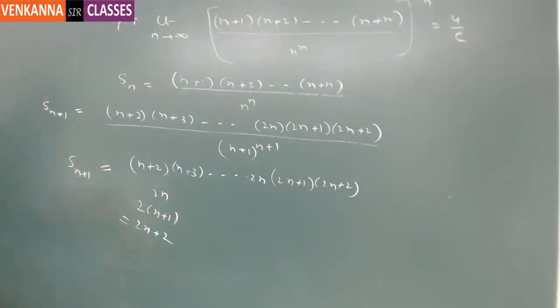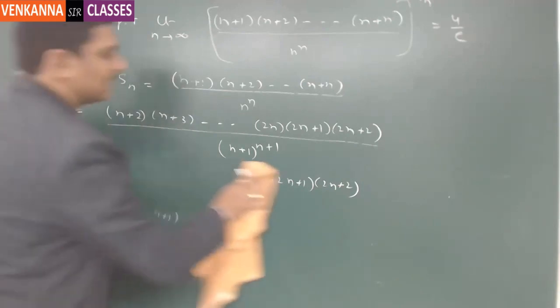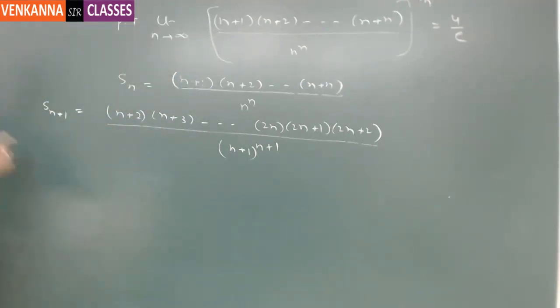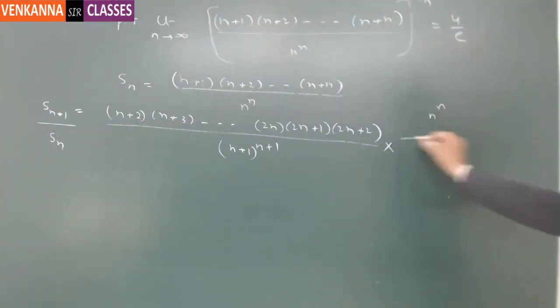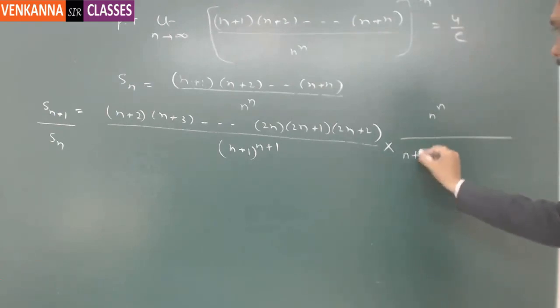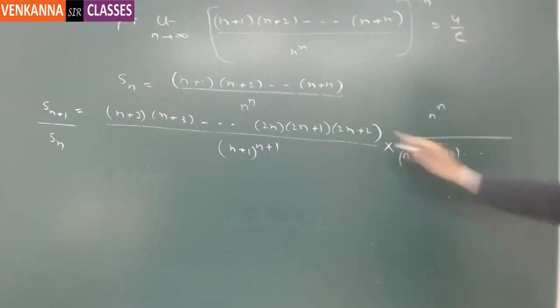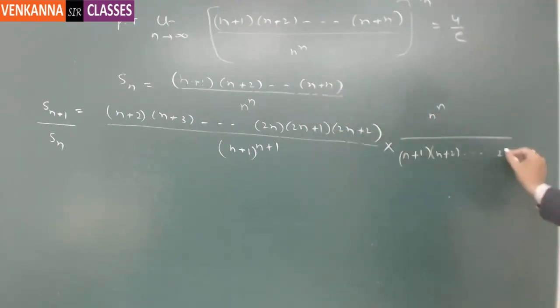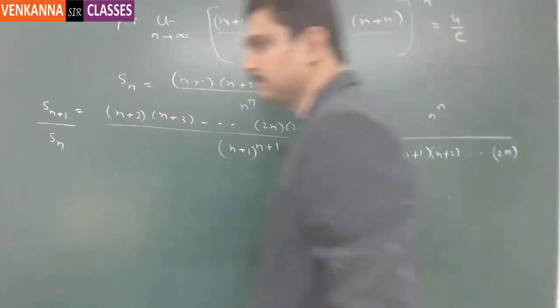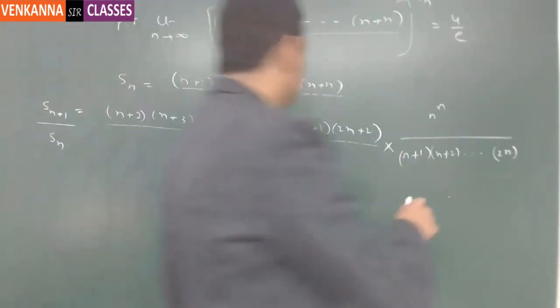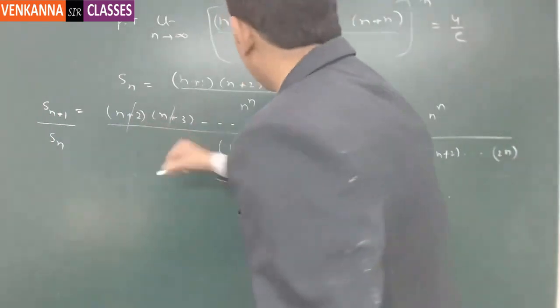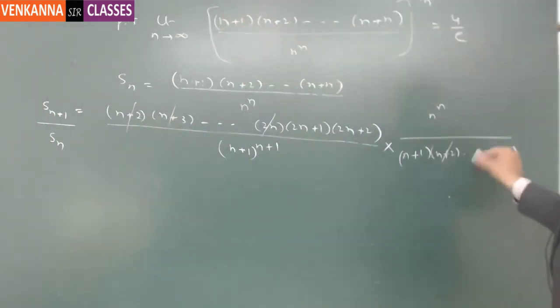Right. Now, as usual, calculate Sn plus 1 by Sn. So here it will come as n power n by n plus n. Straight away I am writing it as 2n. Now the terms get cancelled here. So n plus 2, n plus 3 up to 2n get cancelled.